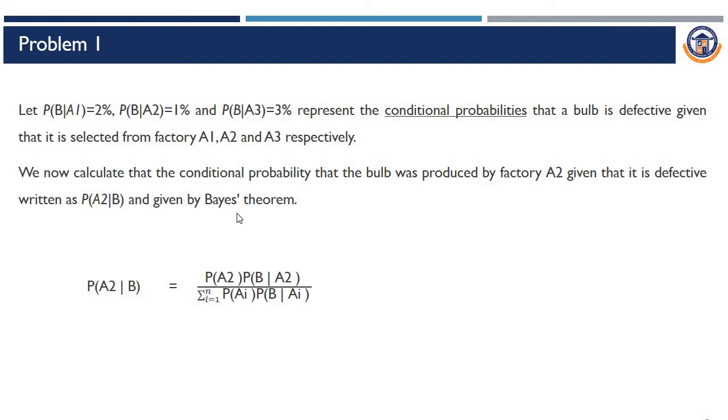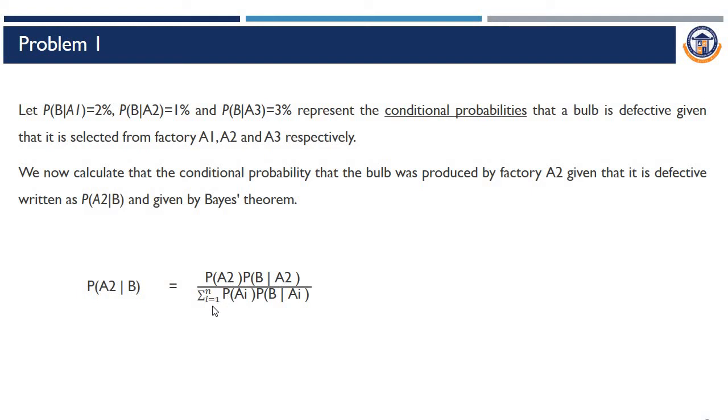Using Bayes theorem for the second factory, P(A2 given B) is equal to P(A2) times P(B given A2) divided by the summation over i from 1 to n of P(Ai) times P(B given Ai). Here there are 3 factories, so i is equal to 1, 2, 3.